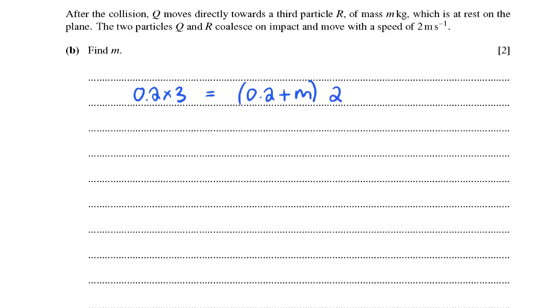So we multiply 3 by 0.2 to get 0.6, and expand the brackets: 0.4 plus 2m. So 2m is equal to 0.6 minus 0.4, which is 0.2, and the mass is 0.1 kilograms.